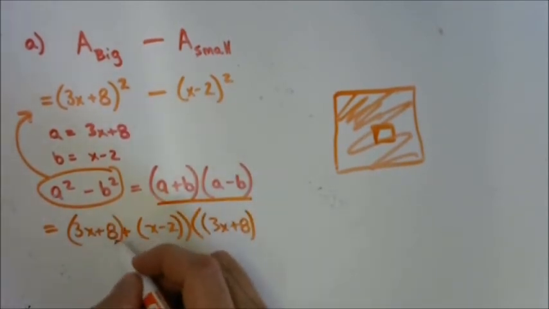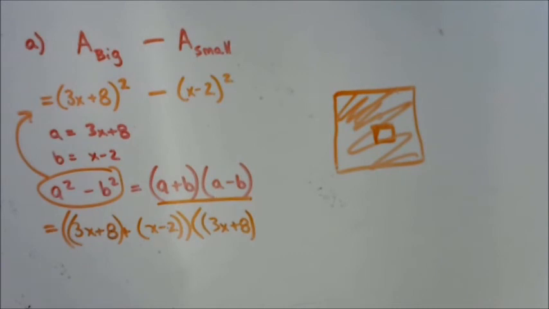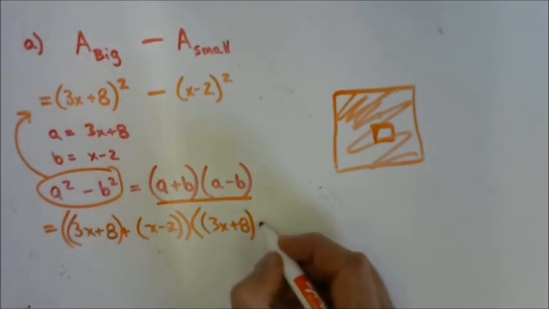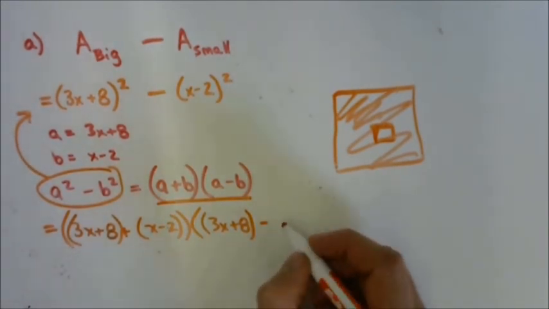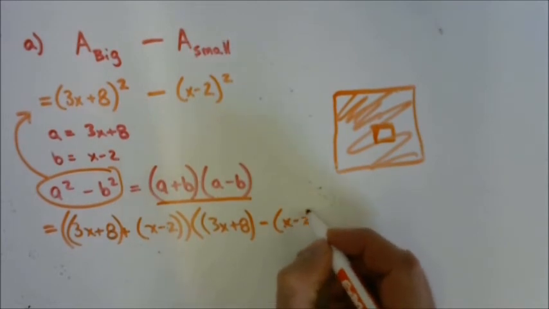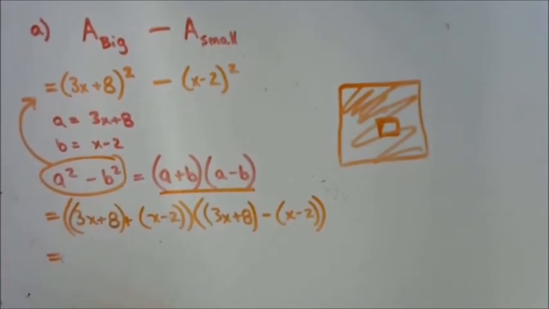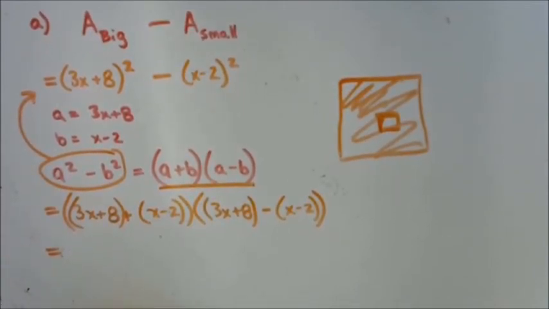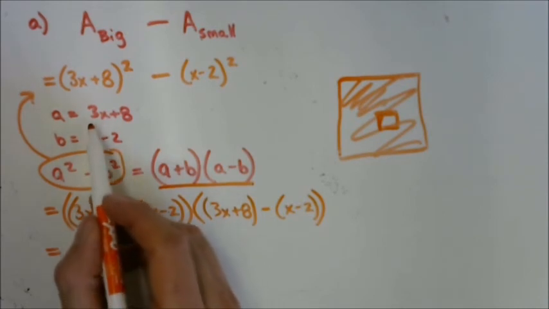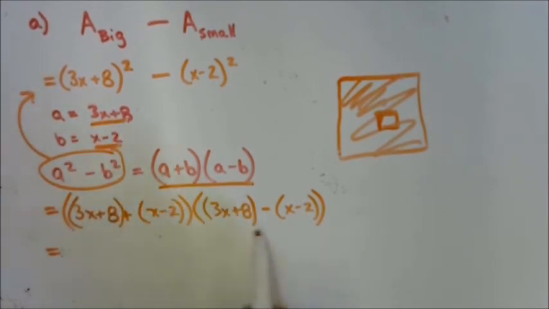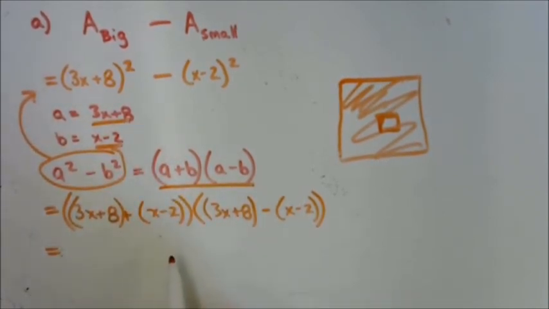So I'm going to add a couple brackets in here for us so that we can keep it organized. Minus b, which was x minus 2. So far it's been a little bit tricky just copying in what we have. We just had to identify a is right here, b is right here, copy them in carefully, keep your brackets.